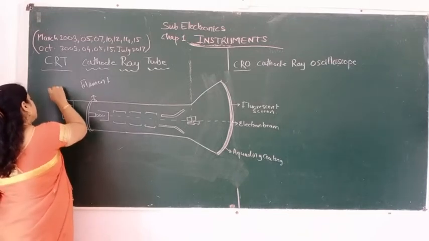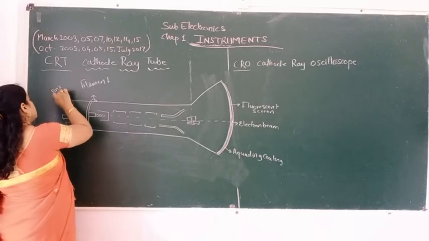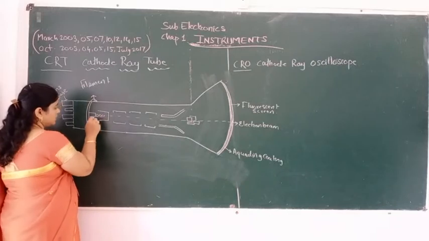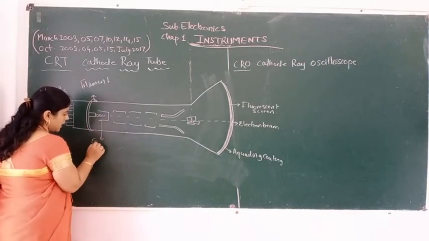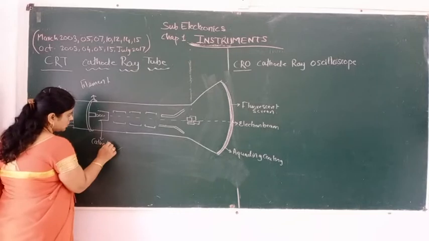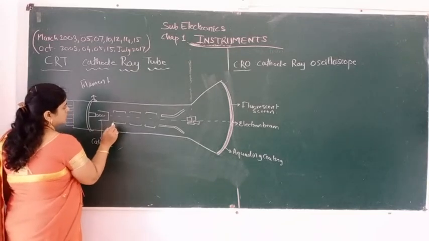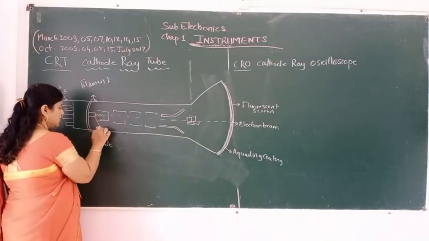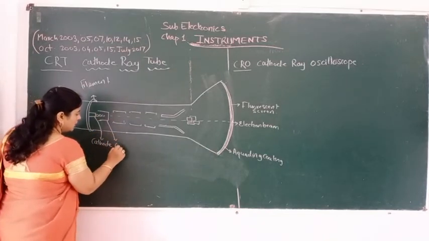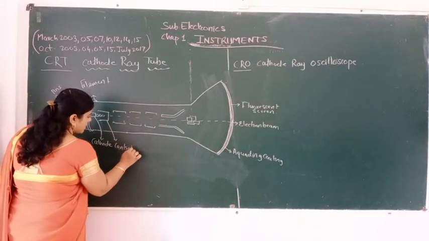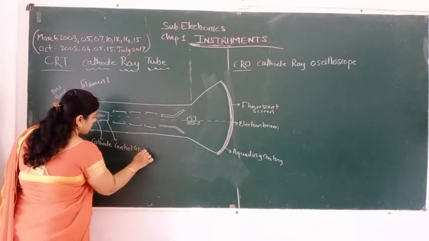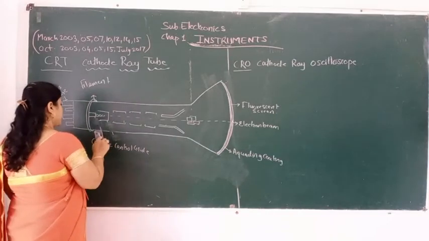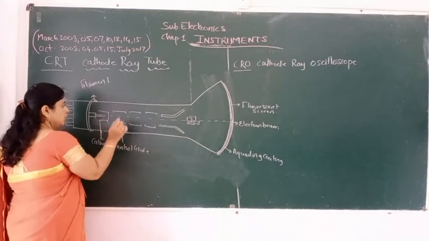These are the pins, and this part is called the base part. This is the cathode, and the control grid is there.